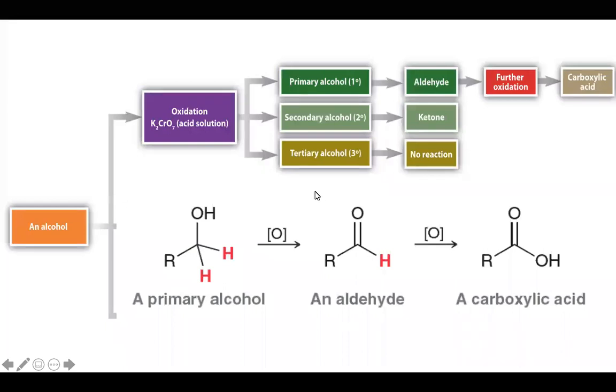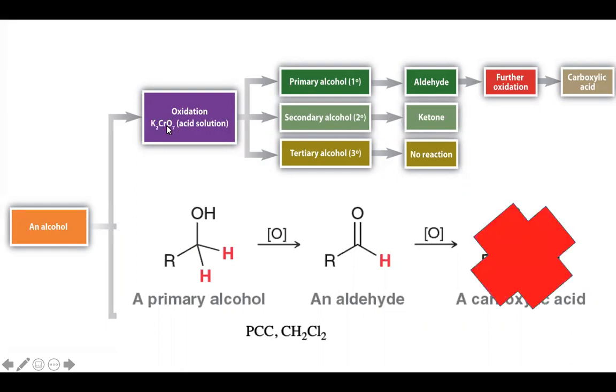So as we mentioned previously, primary alcohol can make carboxylic acid, with aldehyde as an intermediate. So we need aldehyde. So we need to stop before carboxylic acid. We use a weaker reagent here. So instead of using K2Cr2O7, we use PCC, CH2Cl2, where PCC is pyridinium chlorochromate, and CH2Cl2 is what we call dichloromethane.